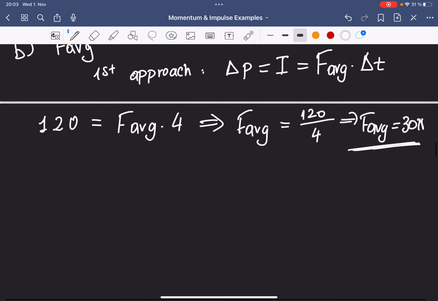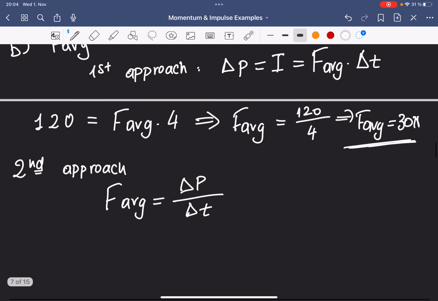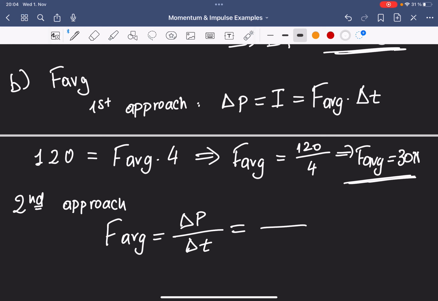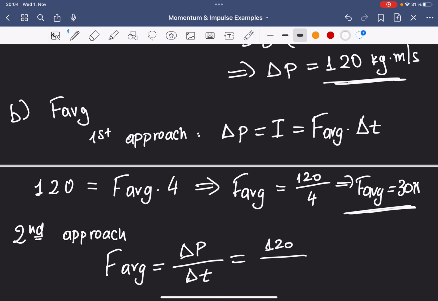Now, the second approach, which is not much different, it's basically the same basis, is going to use Newton's second law of motion, which will be given like this. The resultant force acting on the object is going to be the rate of change in momentum, so delta P over delta T, and delta P you calculated before as 120 over 4 seconds.